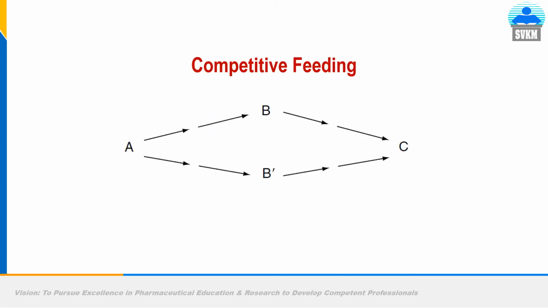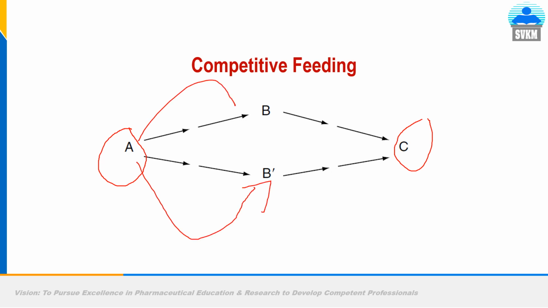Now we will go to the second method, that is competitive feeding. As I told you earlier, A is the reactant and C is the product. A will give B and A can also give B dash.